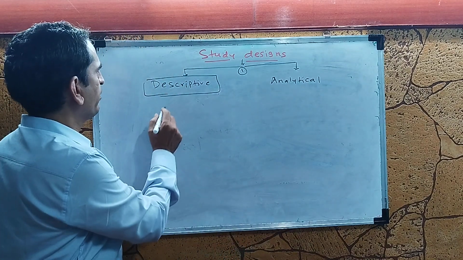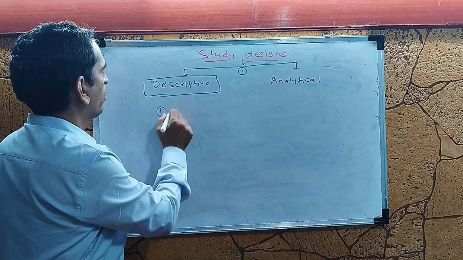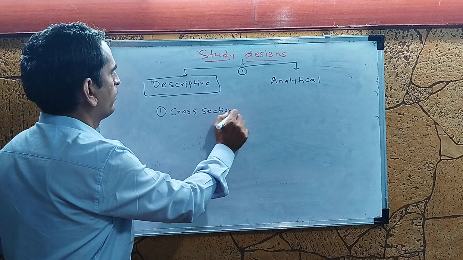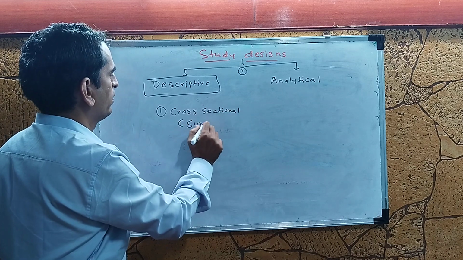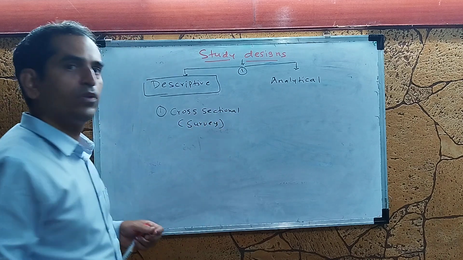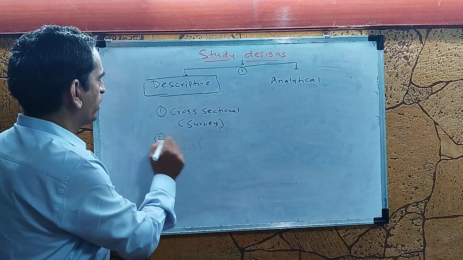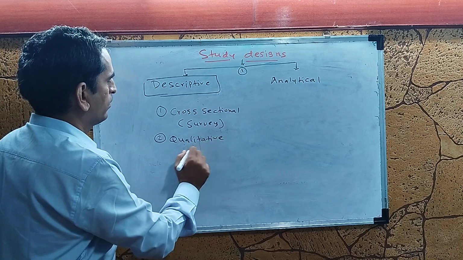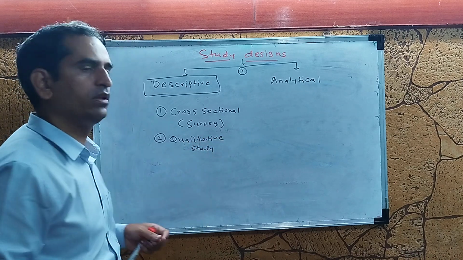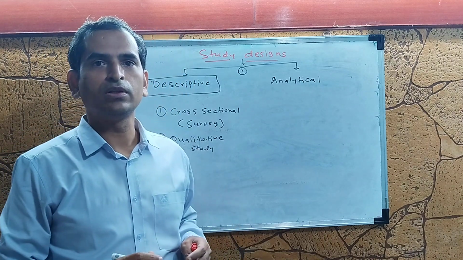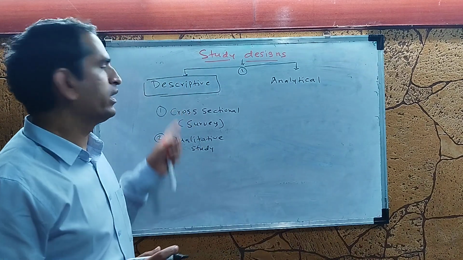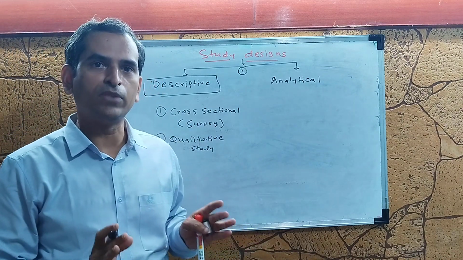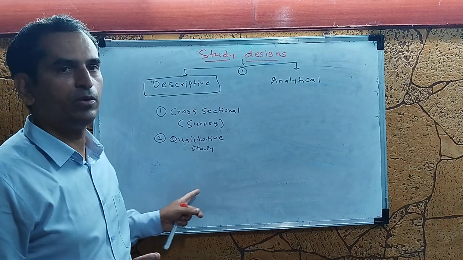The descriptive studies could be cross-sectional survey type of studies, or they could be qualitative studies, for example focus group discussions or interviews. Whenever the objective is to describe the phenomena, the studies are descriptive in nature.